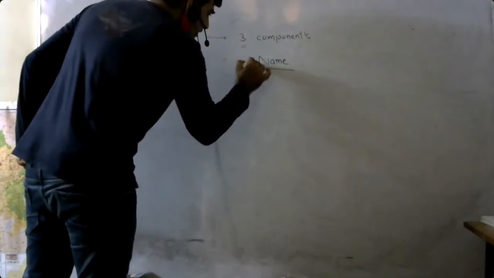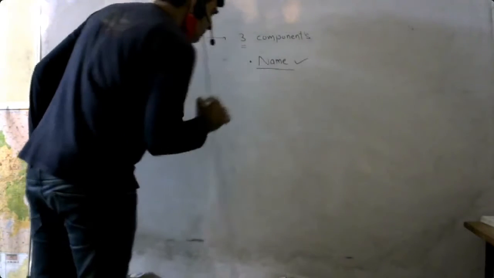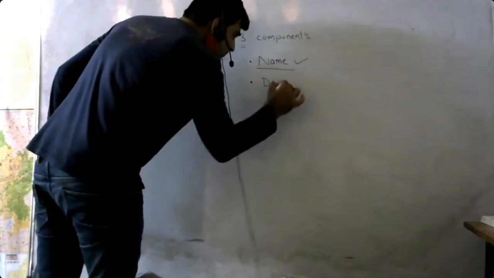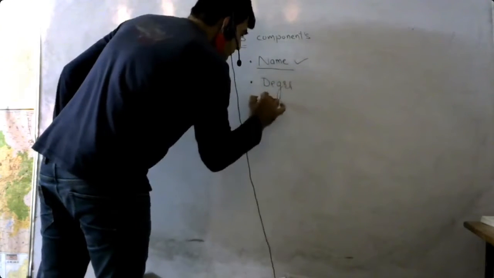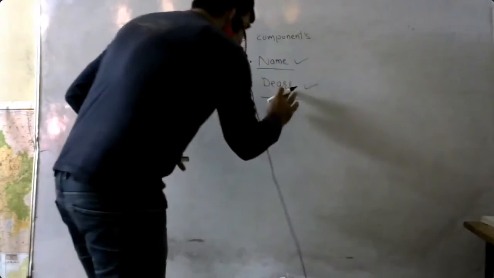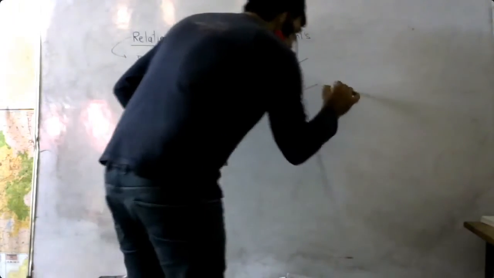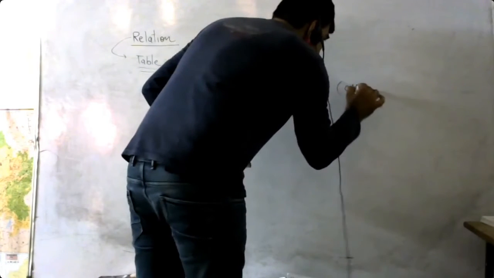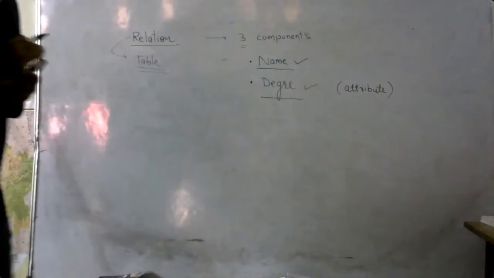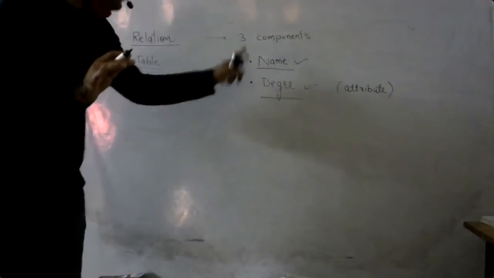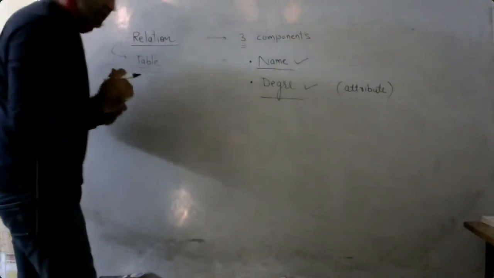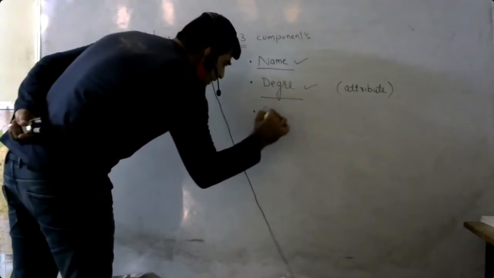First, every relation has a name. Second, every relation has a degree, which is directly related with the term attribute, which we will cover. So every relation has three main components: first is name, second is degree, and the next one is cardinality.